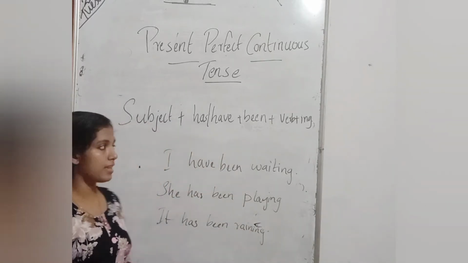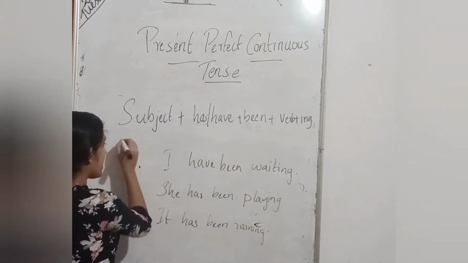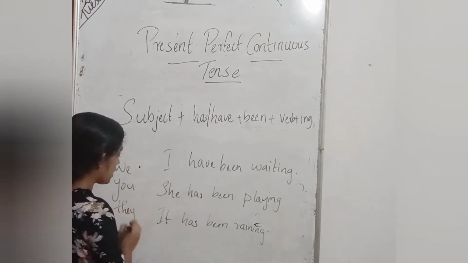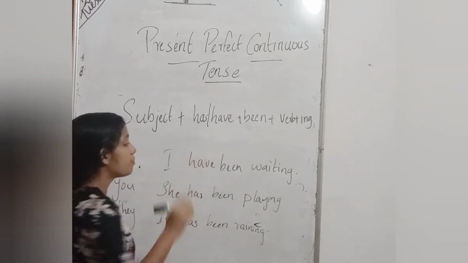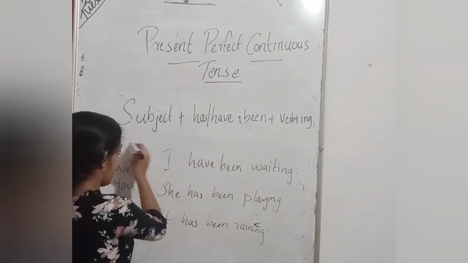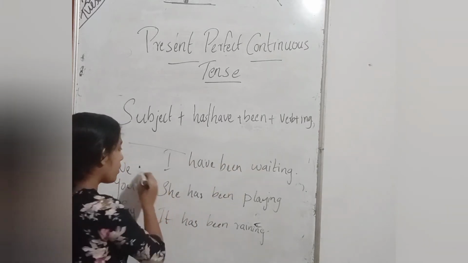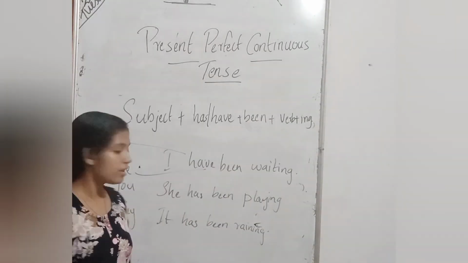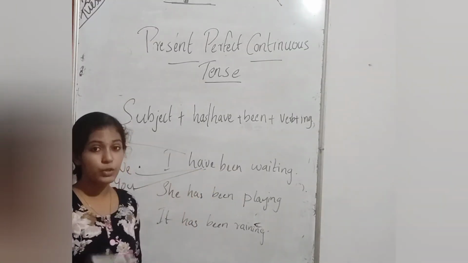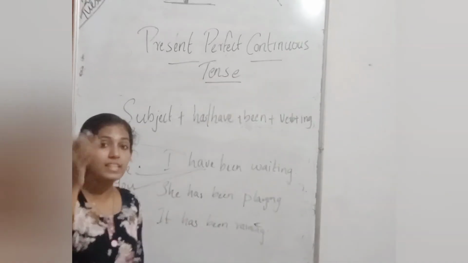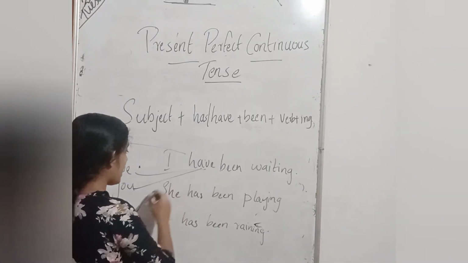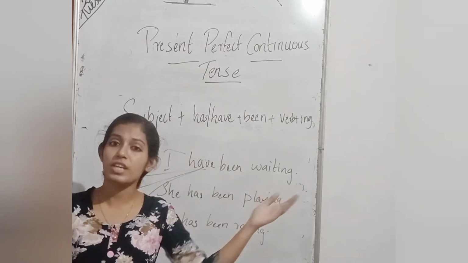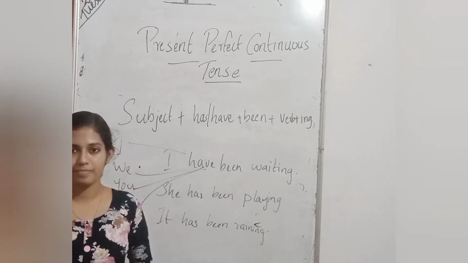So we can say that with the subjects like I, we, you, they, we use have plus been plus verb plus ing. I have been waiting. We have been waiting, or we have been dancing, or we have been cooking. You have been sitting. You have been listening. They have been dancing. They have been jumping. They have been painting. Have you understood?